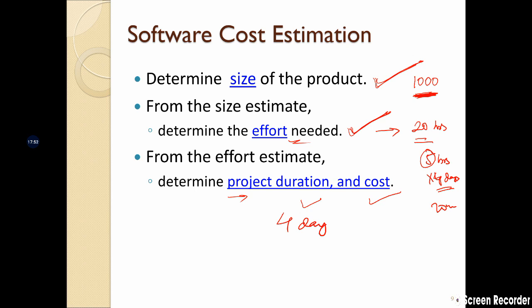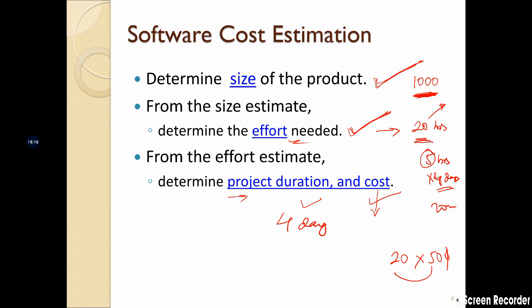Now how do you find the cost? The cost is found out by multiplying a factor with the number of hours required. So let's say I require 20 hours of effort, and per hour I am going to charge, let's say, $50. Then what is going to be the cost of this entire software that I'm going to charge the client?